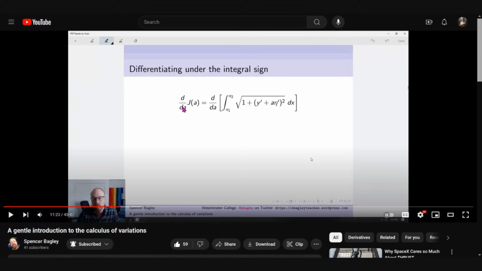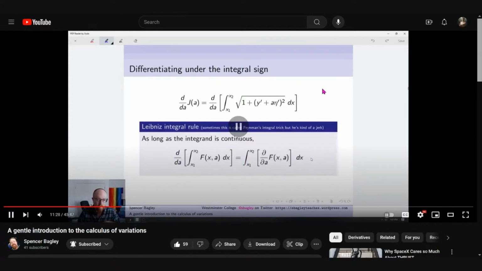So the derivative with respect to a of this thing, for which we're going to need to use a fun trick, he's going to say is equal to 0. Why is that? The derivative of j at 0, meaning j prime or j sub a, at 0 is 0. This is called differentiating under the integral sign, or the Leibniz integral rule. Sometimes this is called Feynman's integral trick, but he's kind of a jerk.